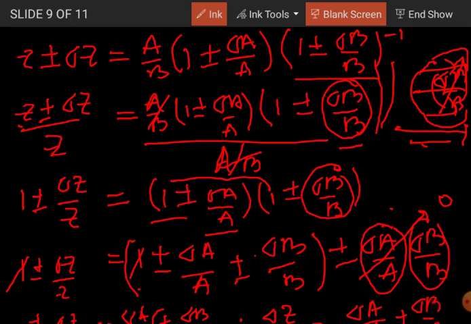So whenever a physical quantity is expressed as the division of two physical quantities, then the relative error in the measurement of that quantity z is equal to the sum of the relative errors in the individual quantities. That was obtained in the case of product too. Collectively, when two quantities are multiplied or divided, the relative error in the result is always the sum of the relative errors in the individual quantities.